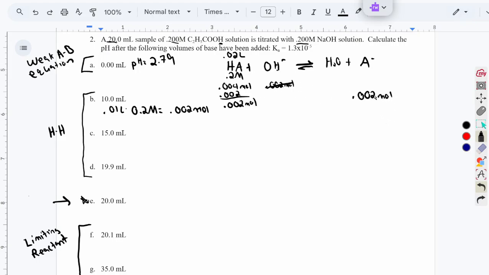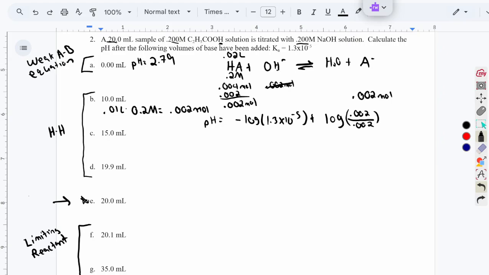If we have moles, molarity, percentage, anything like that of A minus and HA, we can use the Henderson-Hasselbalch equation. So pH is equal to the pKa, so negative log of Ka, 1.3 times 10 to the negative fifth, plus the log of the ratio of A minus to HA, which is 0.002 to 0.002.